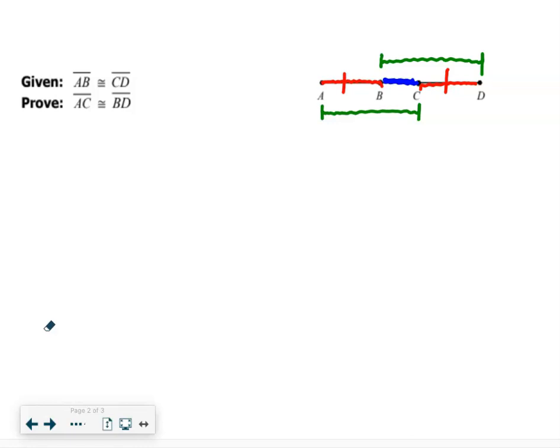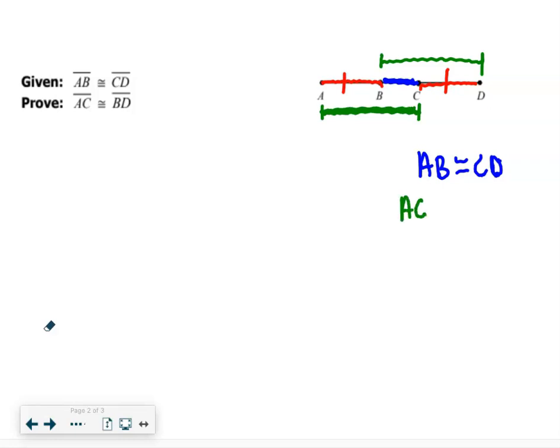We always want to brainstorm a little bit and visually see what's happening, or write something down. I already know that AB and CD, those red segments, are equal to each other. That was free information they gave us. Now let's just look at AC, this first green segment. What two parts make up that whole AC?